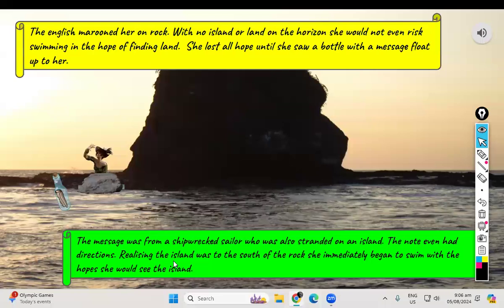And of course, so close to death and desperate, Elizabeth dived into the water and swam, well, swim, no, swam, I even know the past tense, swim, swimmed in the direction that the bottle came from, hoping to find the abandoned sailor so she can have some company, okay?